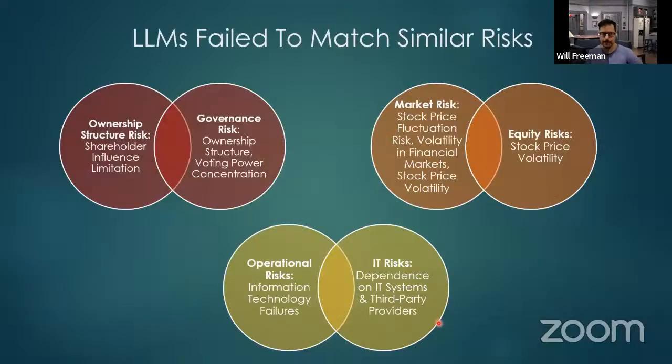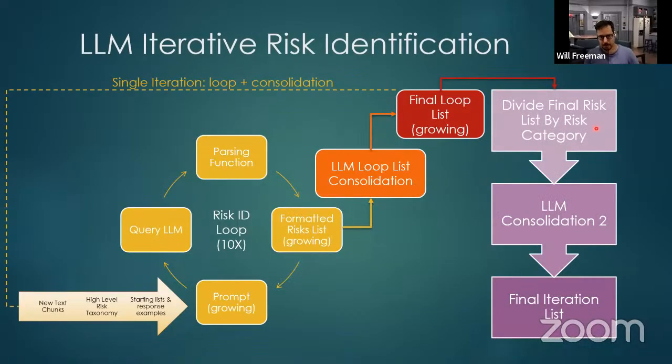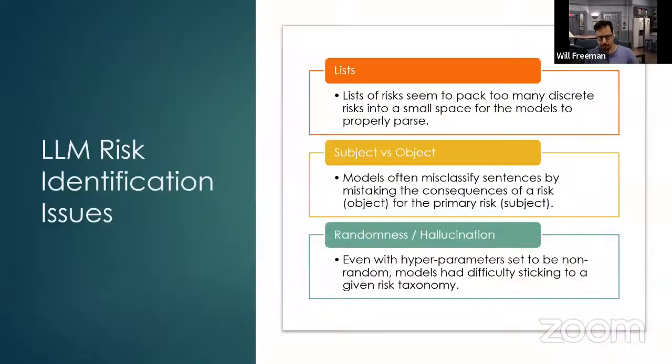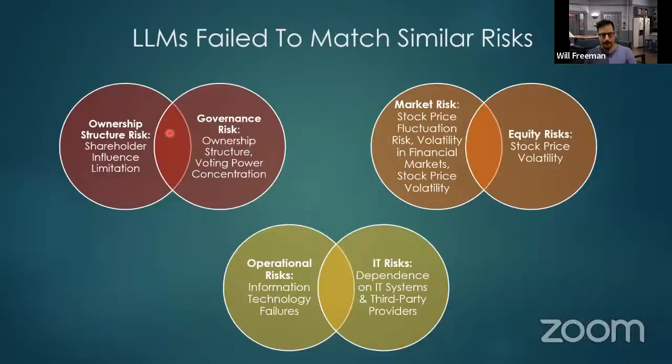And so here are a few examples of where they failed at consolidating in the endpoint. Let me just jump back here and show you where that would be. That would be when I'm giving it these final lists of things to consolidate, and they're trying to look at what risks should go together.